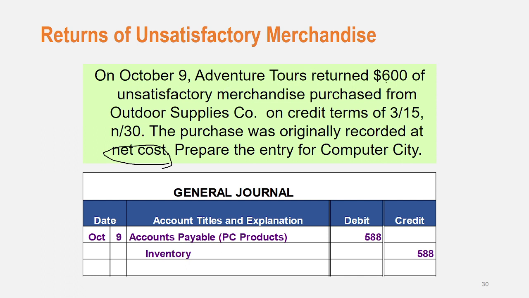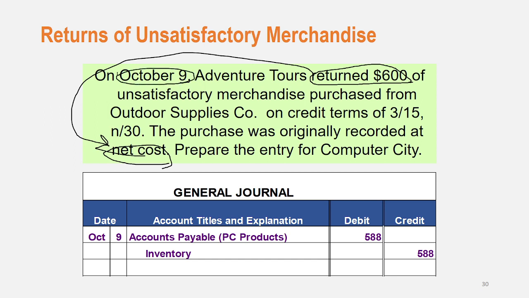From the total, $600 is returned, and we record this $600 in the net cost method. And this return takes place on October 9, within the discount period.